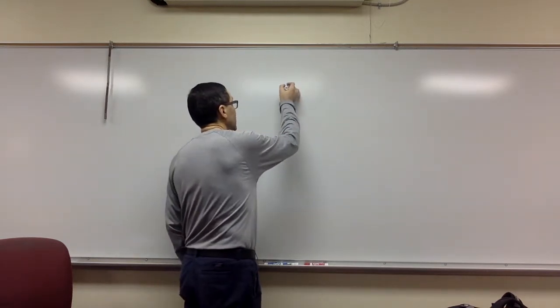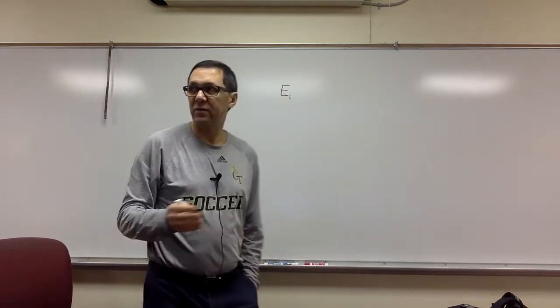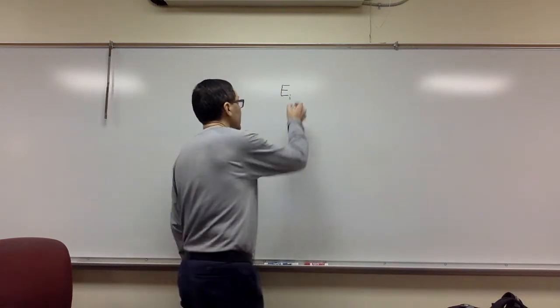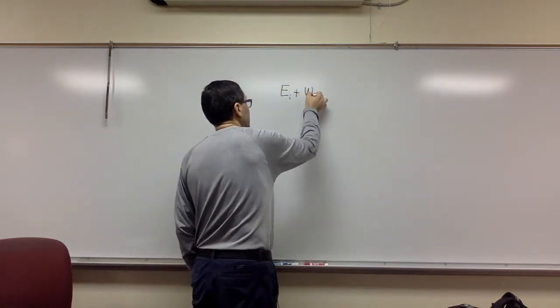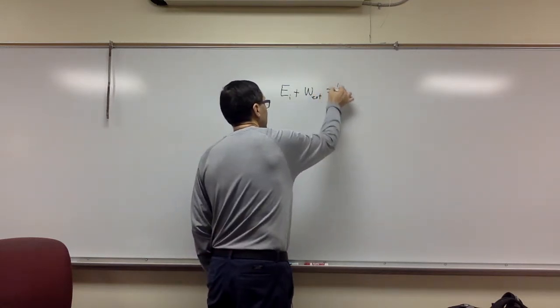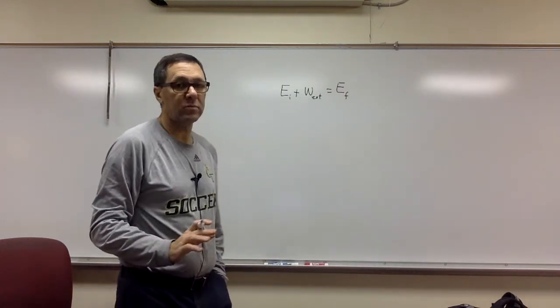It just tells you that if you have some energy initially, and if there is some work done on the system, plus any work done by any external agents, external forces, well, that's going to change your energy level. That's really what it means.